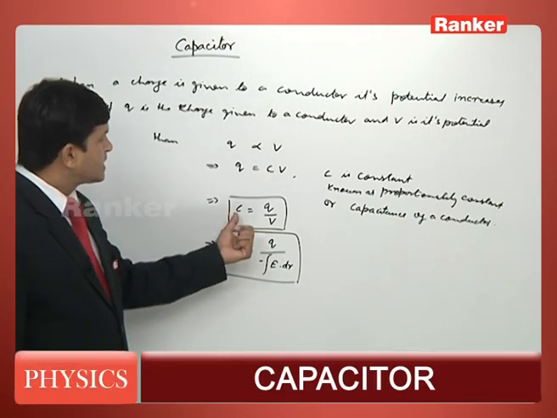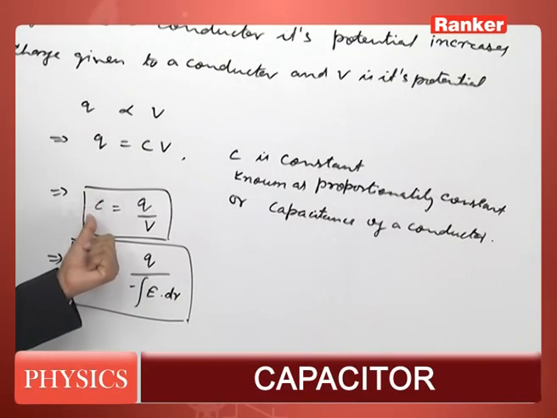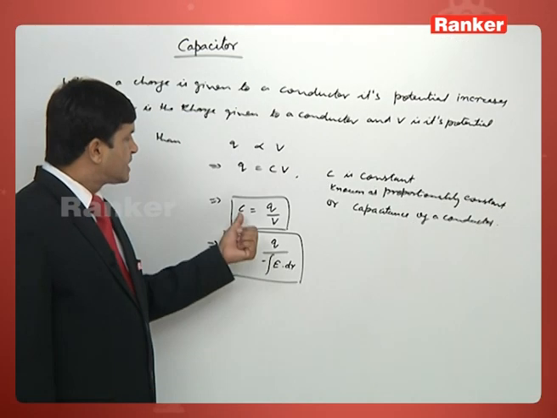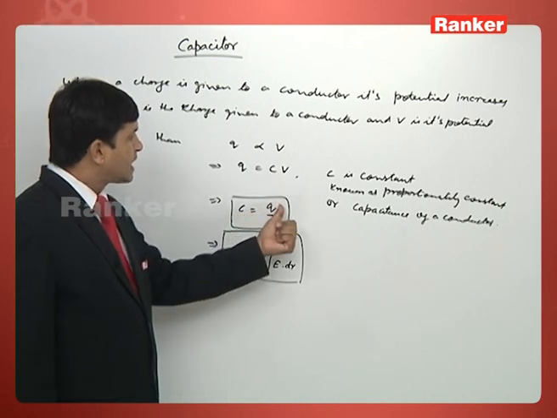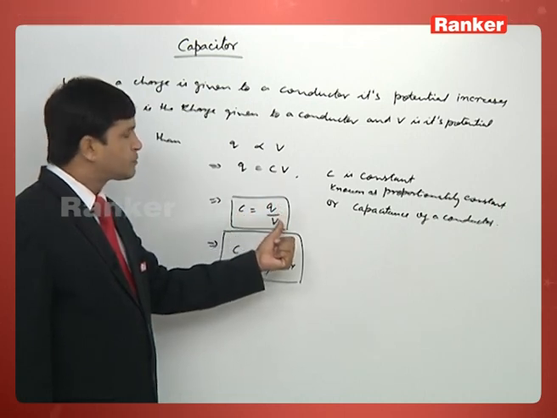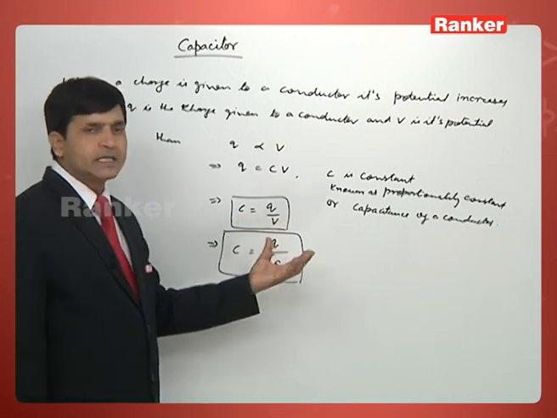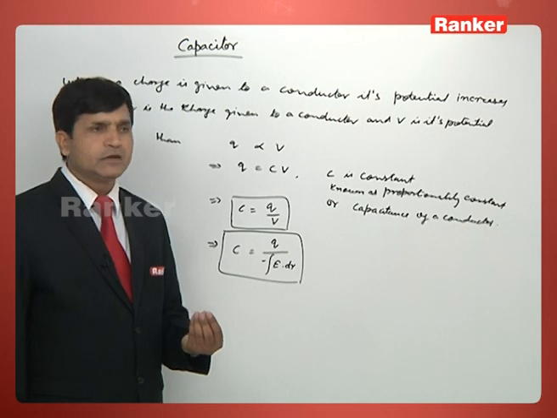Similarly, C is the capacitance, and it relates charge and potential on a conductor. So it does not depend on the charge on a conductor or the potential on it. It depends on other parameters like the geometrical shape and size of a conductor.